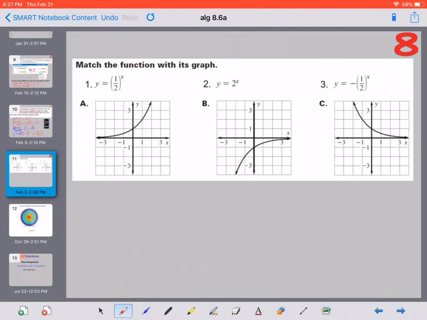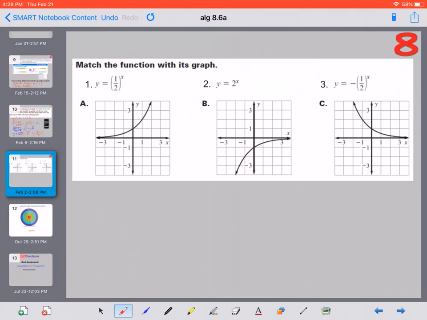Alright, match the function with its graph. First of all, we need to look at if there's anything with a negative.